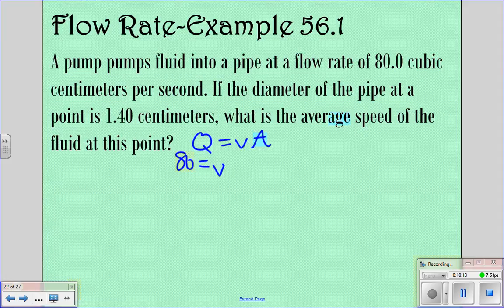Now the area, that's the cross section of a pipe. Thinking back to geometry, what is going to be the cross section of the pipe? It's going to be a circle. So we're looking for the area of a circle. So area of a circle is pi r squared. Now we just need to figure out what our r is. They tell us the diameter is 1.4, so our r is 0.7.